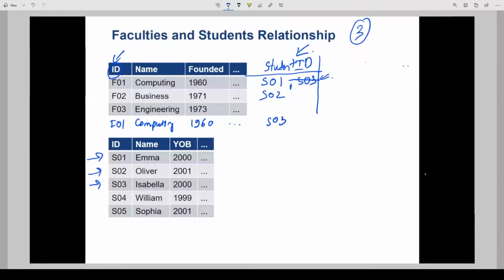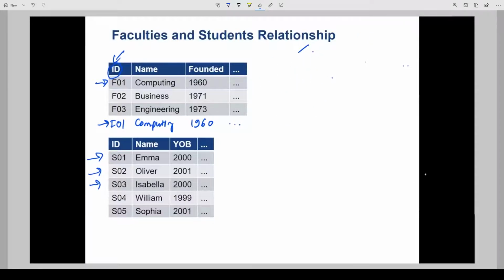ID. ID is unique. This one and this one are not unique. So we cannot put the data like this. It means that this solution 3, putting the student ID in the faculty table, does not work. We need to find another solution.